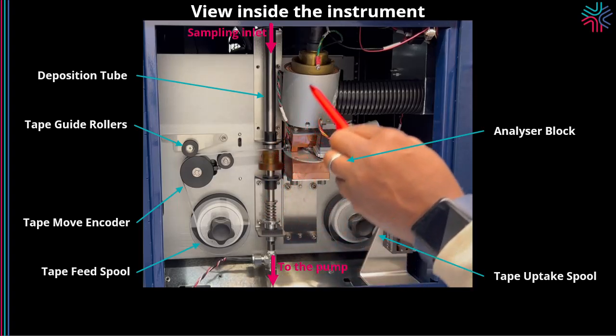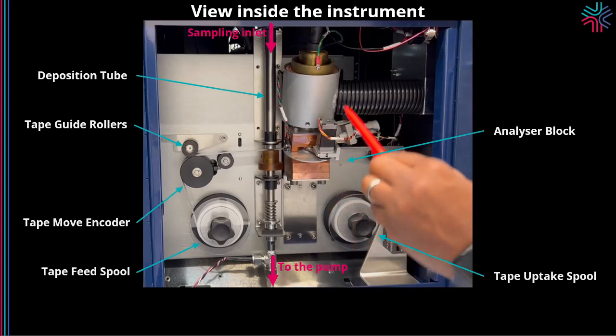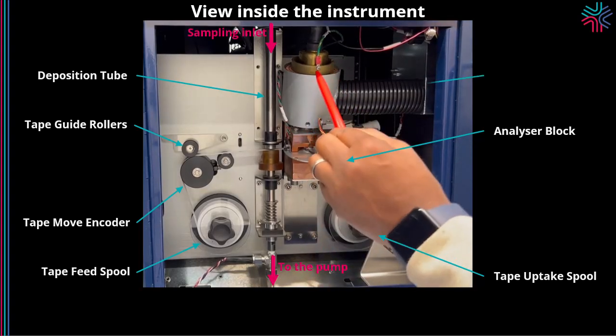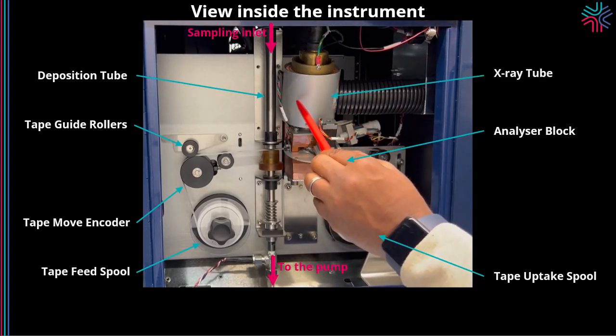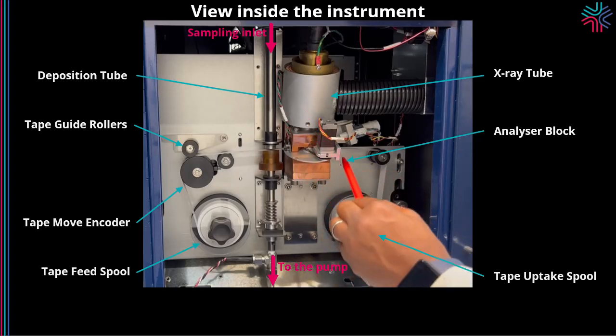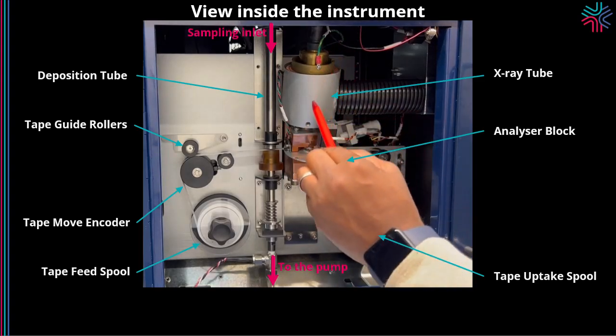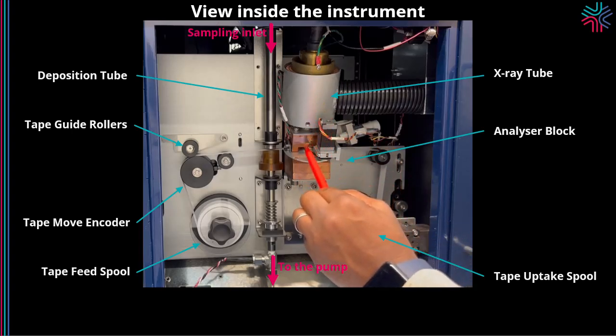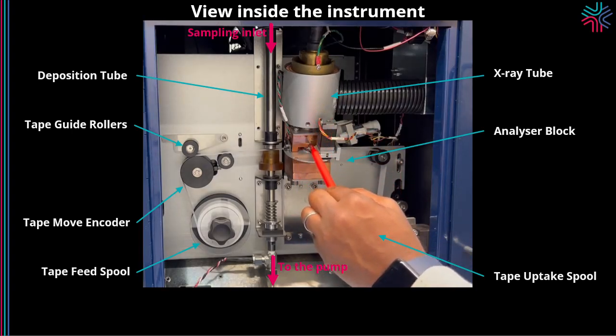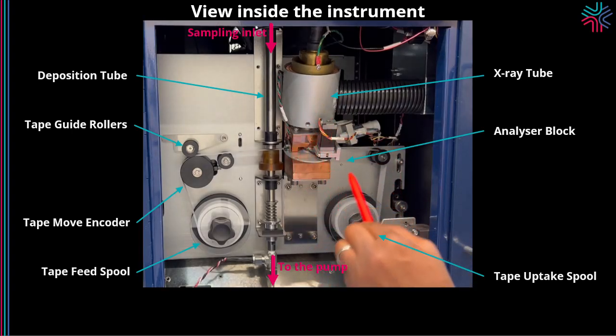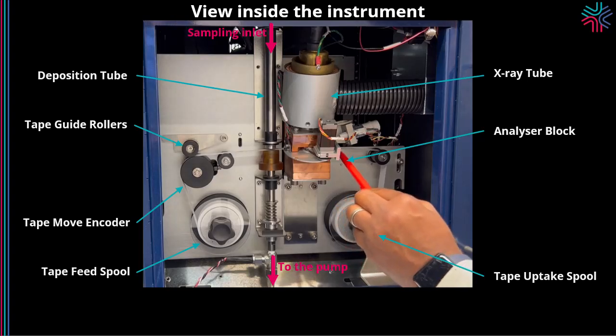It is moved into the detection unit. This detection unit comprises the X-ray tube. Here's where the X-ray is coming from, and the detector setup is here below. The X-ray will impact here, the fluorescence will be generated, and the detector will quantify the fluorescence signals of the particles.